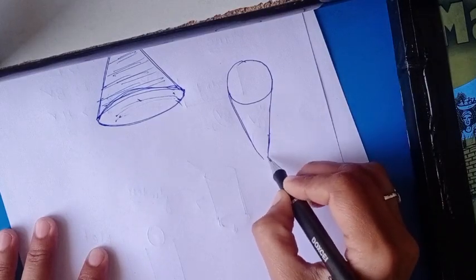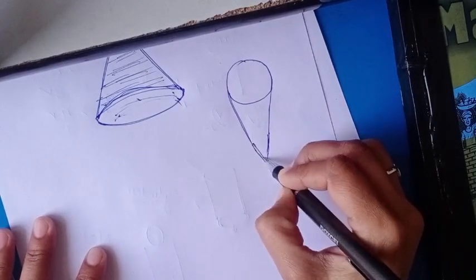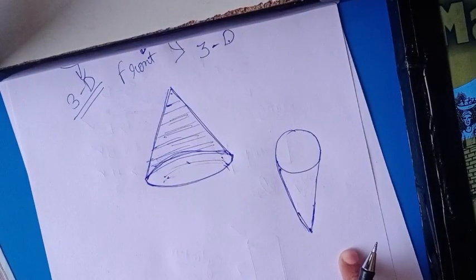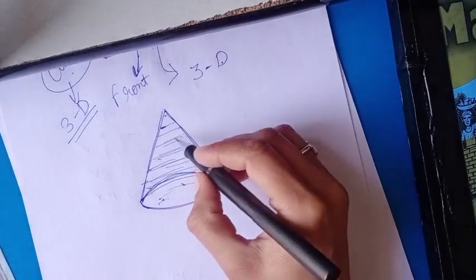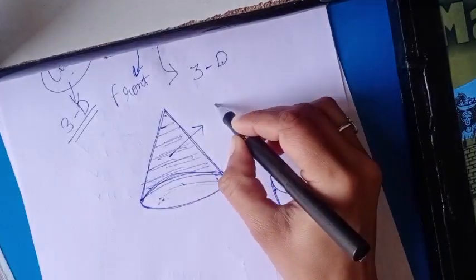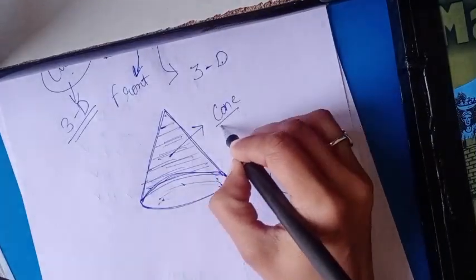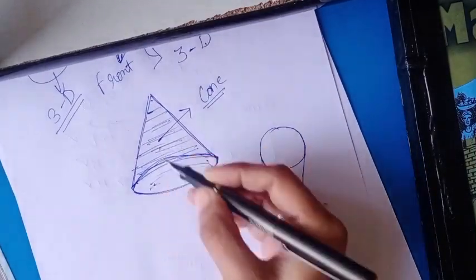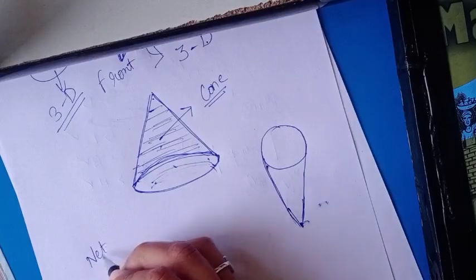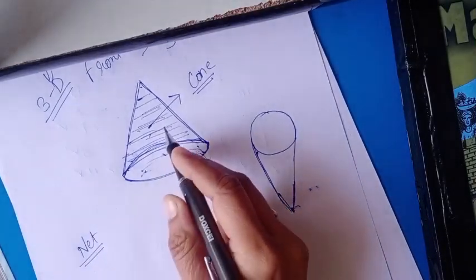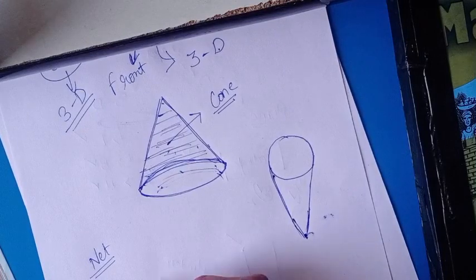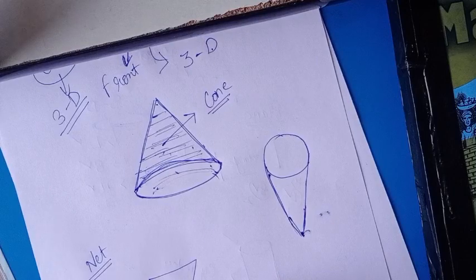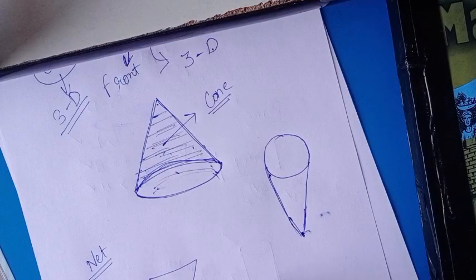Like this we can get our cone figure. Yes, this is our cone figure. Okay, then what we said, this is our cone. What we call the shape is a cone. In the shape of the cone, how will we draw the net of the cone? We will use a rectangle, right?